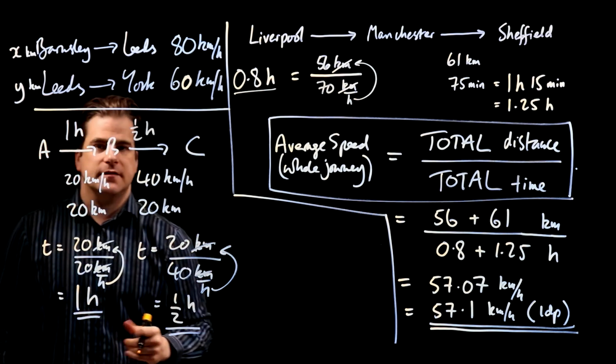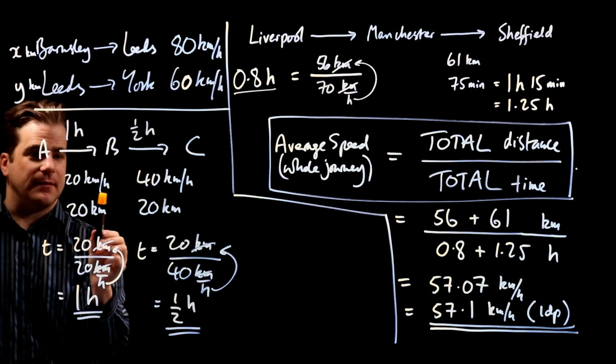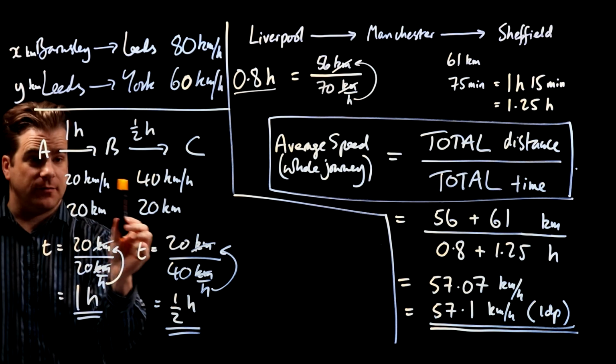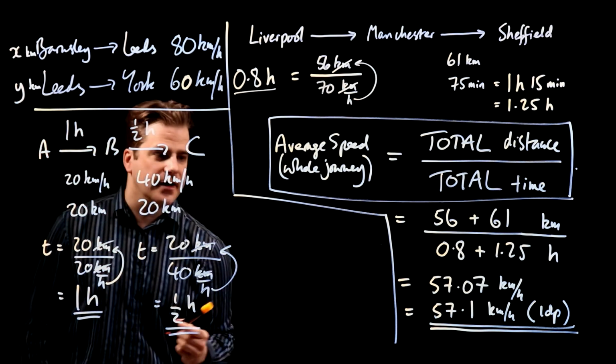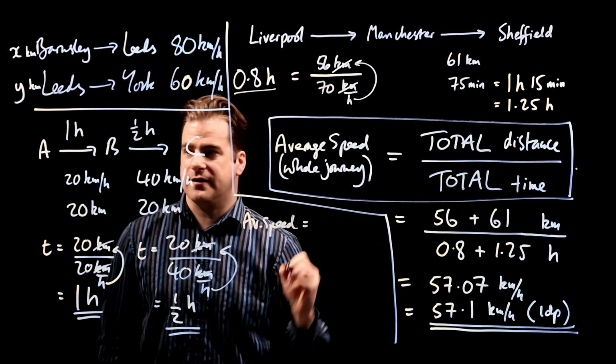Good. So, like I said, you're spending twice as much time at 20 kilometers per hour than you are at 40. So that's why the average speed is going to be closer to 20. So let's work it out. Average speed is total distance.